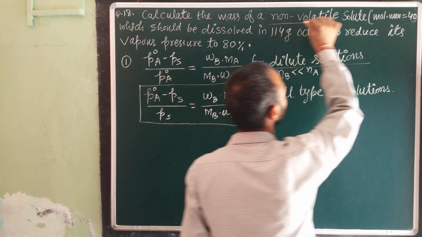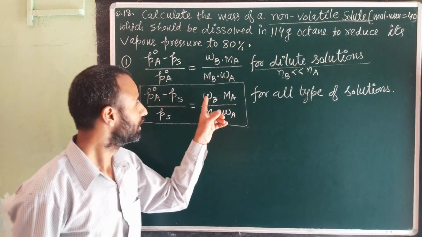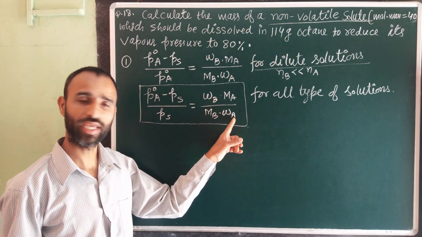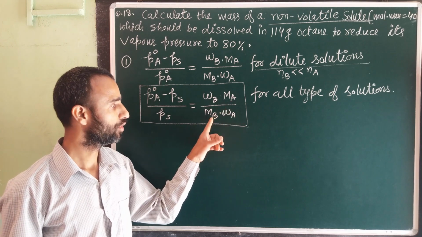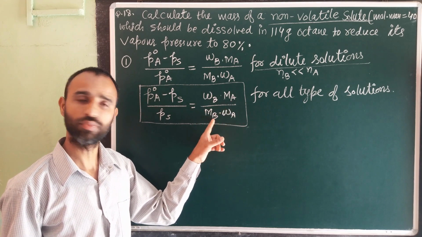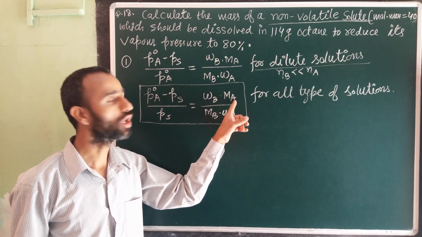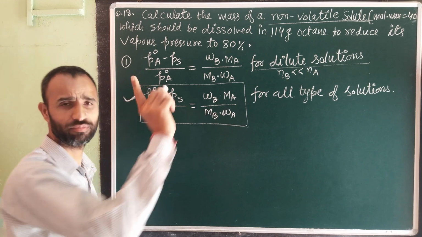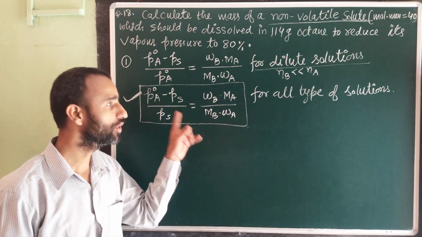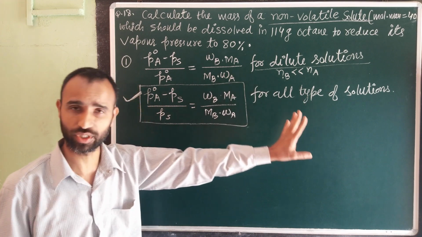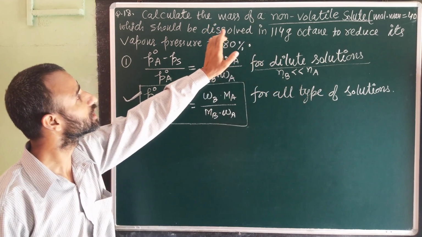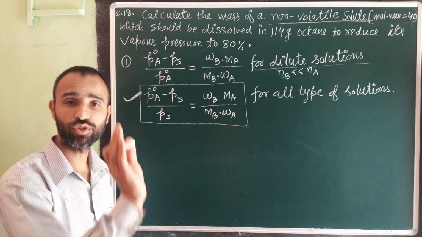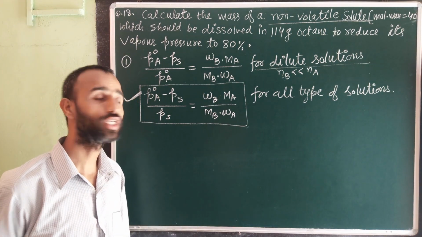WB is the mass of solute B, WA the mass of solvent A, MB and MA the molar masses of solute B and solvent A. So we try to apply this formula. It is applicable for all types of solution, because nothing is mentioned about whether the solution is dilute or concentrated.